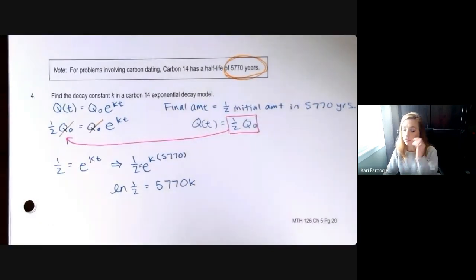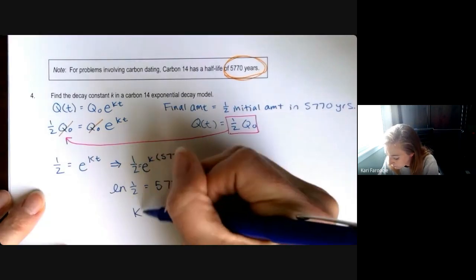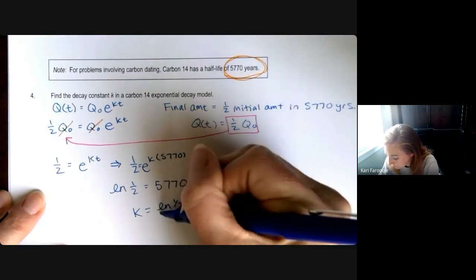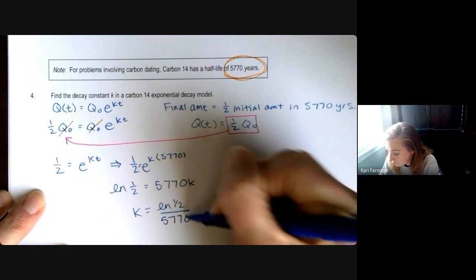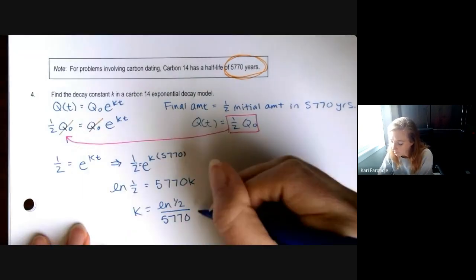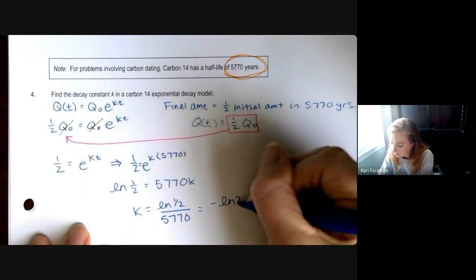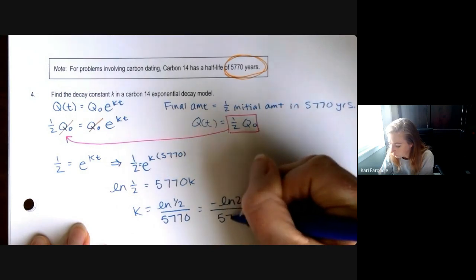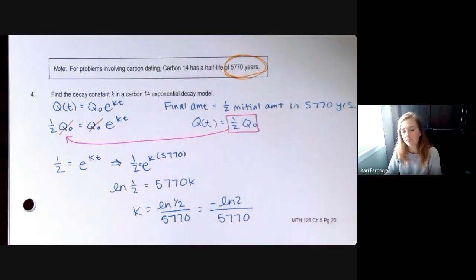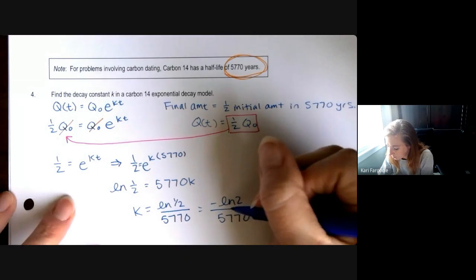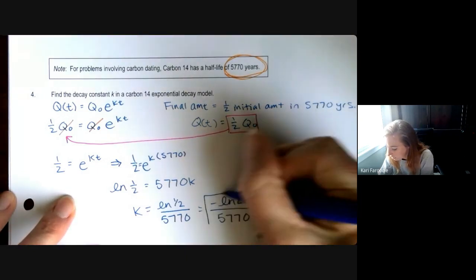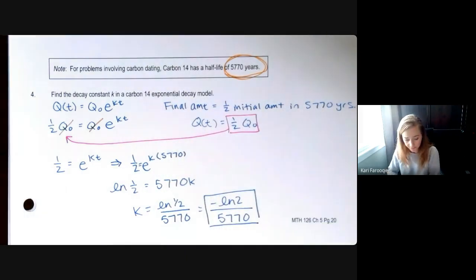And divide both sides by 5770 to get K. And remember, ln 1/2 you can rewrite as negative ln 2, should you so desire. Sometimes a fraction inside a fraction just looks more complicated, so you can always do that. So this is the decay constant, K. That's all we're asked to find here.